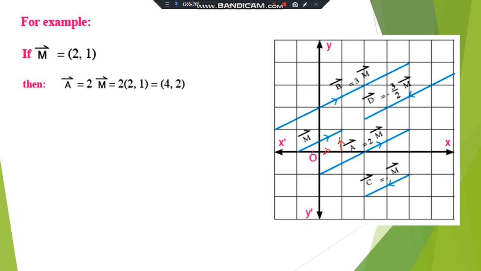So we have vector A equals 2m, which means 2 multiplied by 2 and 1 will be 4 and 2. Vector B is 3m, which means 3 multiplied by vector m, the ordered pair 2 and 1, will be 6 and 3.